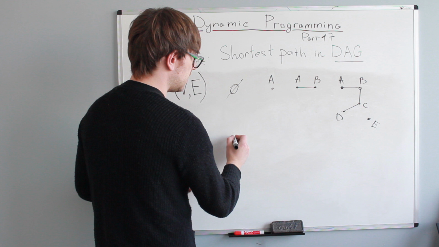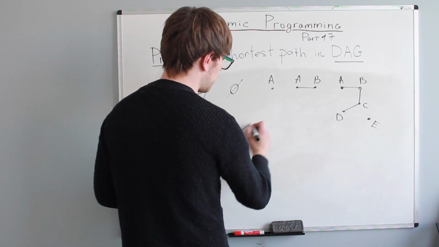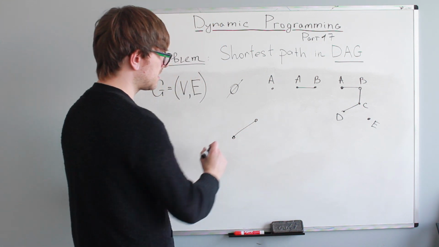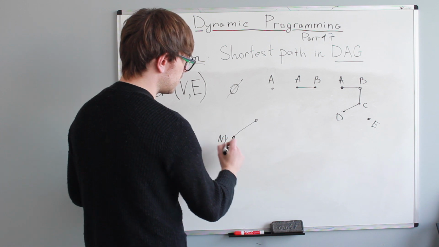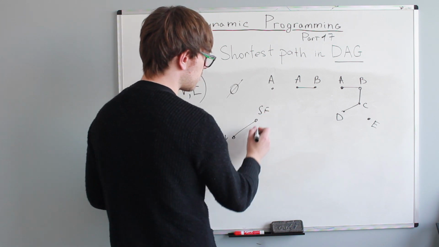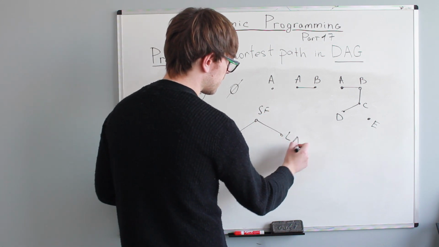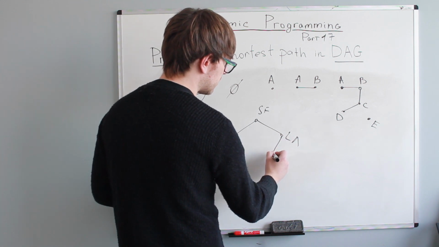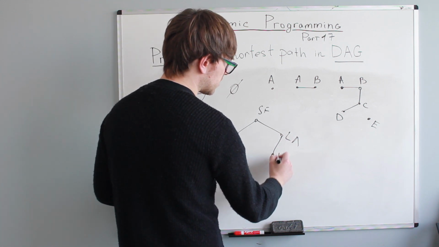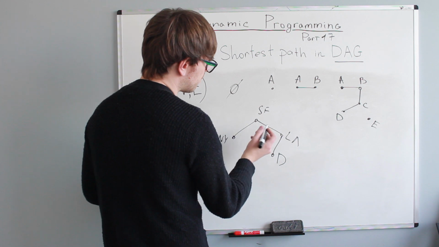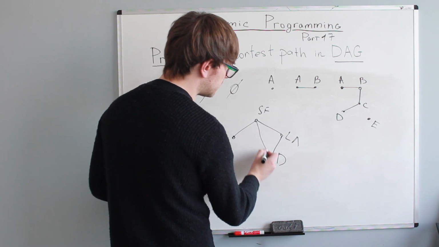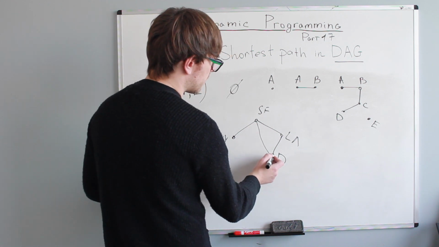So for instance, if I have nodes being cities, this is New York, this is, let's say, San Francisco, LA, maybe from LA you can go to Washington, D.C., and then you can potentially go from San Francisco to D.C. as well, right?